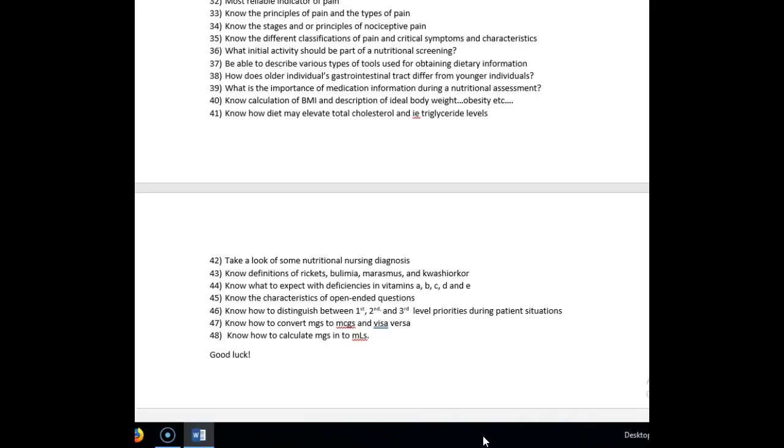Also, this is something that's very important. When you check for a proper size of a blood pressure cuff on somebody, it's important for you to know what the percentage is, what parts of the arm, as far as the width and everything like that, that it should be covering.